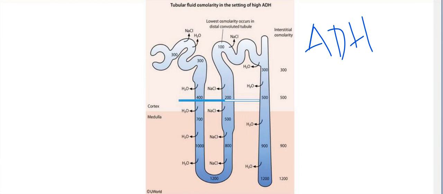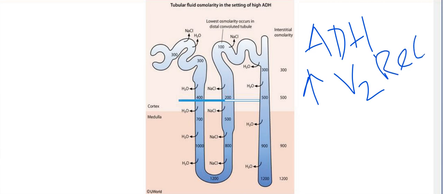What are the main impacts? It increases the V2 receptors. It also increases the V1 receptor, but the main effect on the concentration of the urine is done by the V2 receptor. So when the V2 receptor increases, what happens?